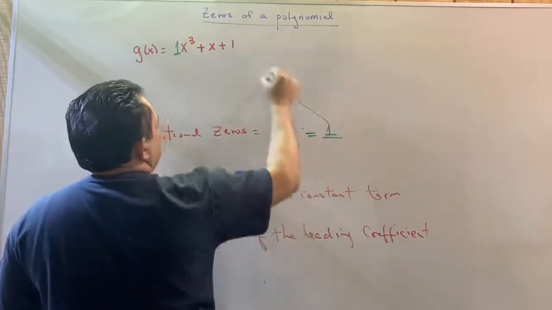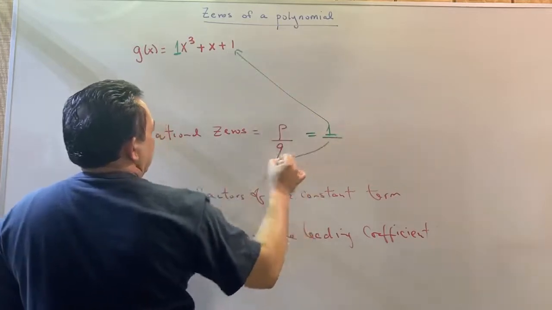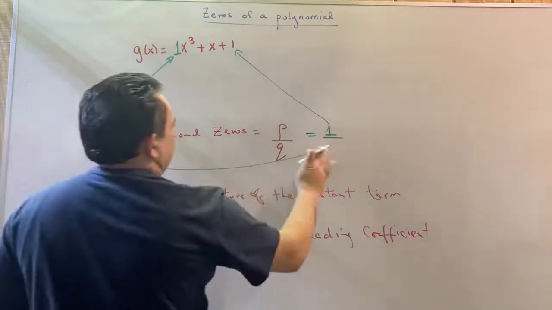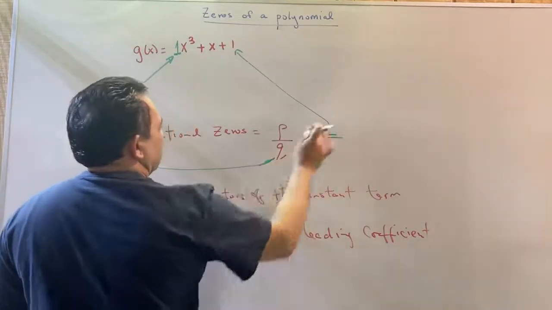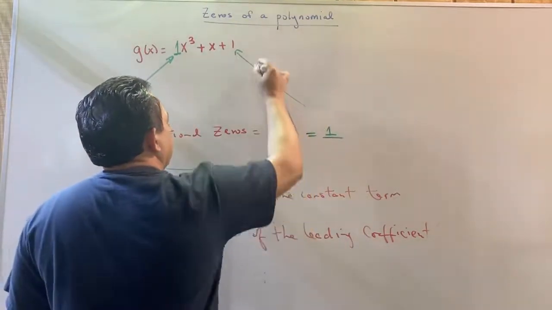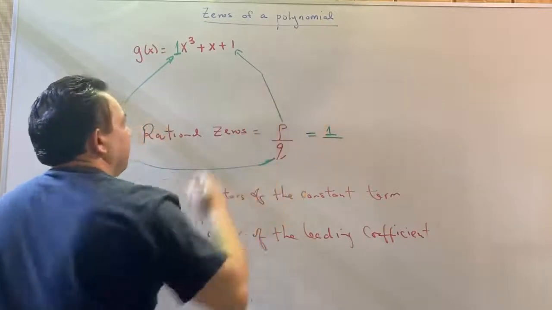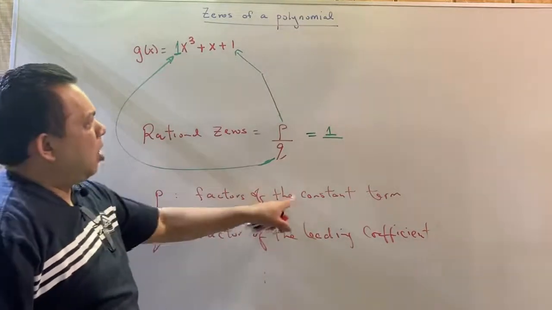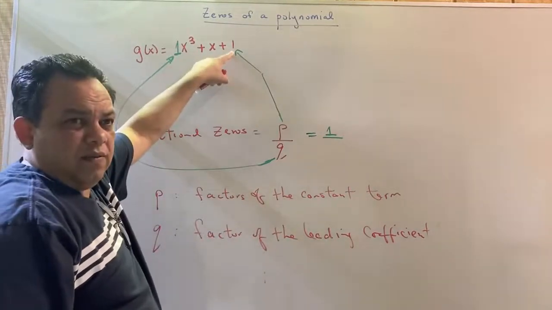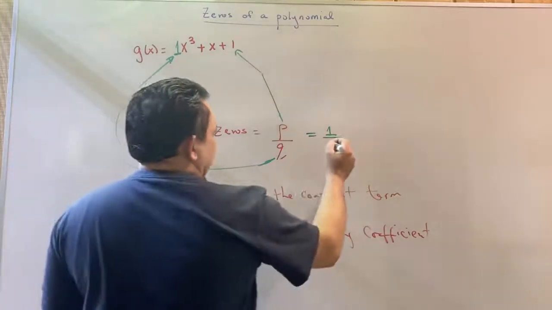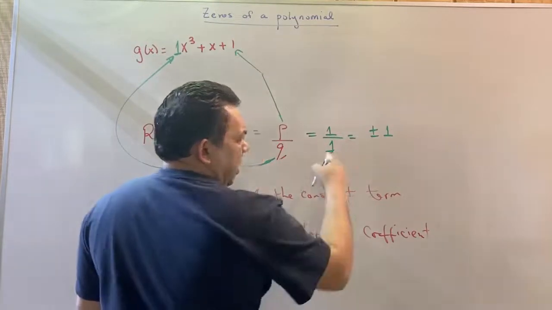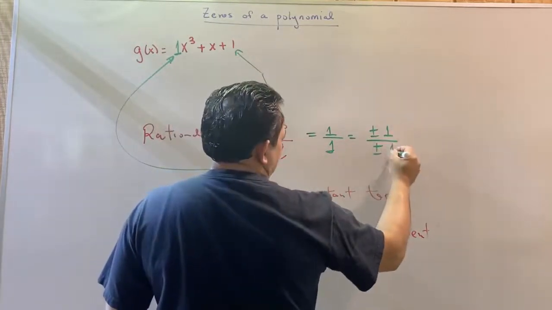So here is my q, sorry, this is my q, and here's my p. Factors of the constant term, here is my constant. Well, what are factors of 1? The factors of 1 are plus or minus 1.